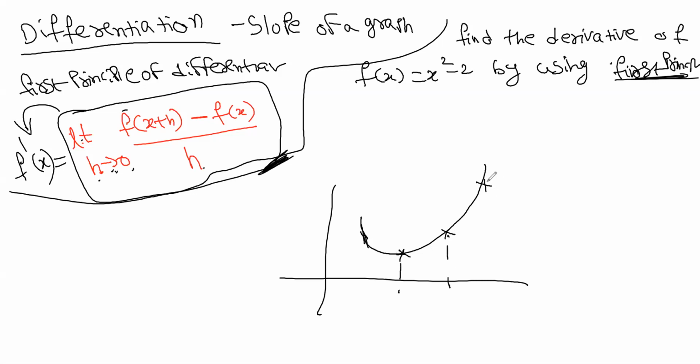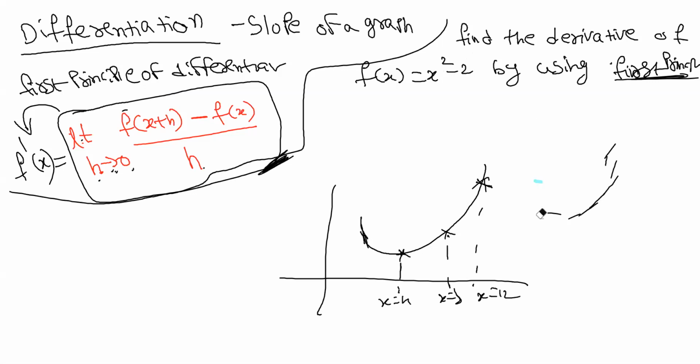Whether you have to find the slope at x equal to 4, at x equal to 8, or at x equal to 12, they have to tell. Then only you can find the slope at a particular point, because x square minus 2 is a U-shaped curve. For this, there will be n number of slopes.